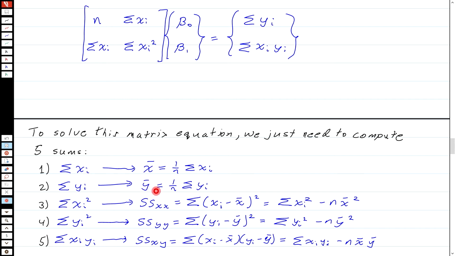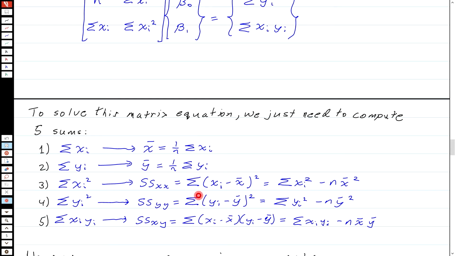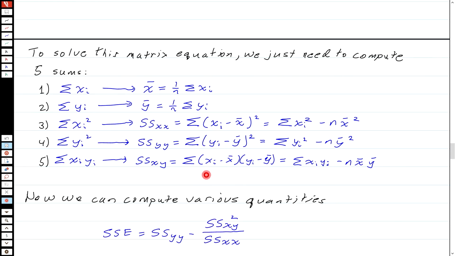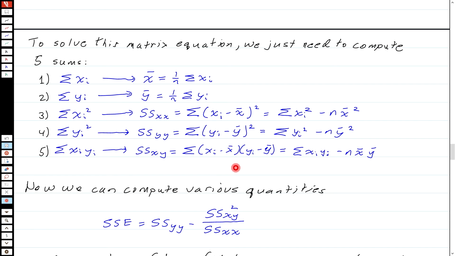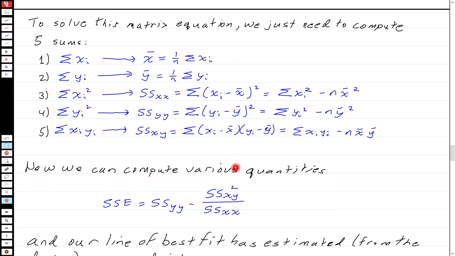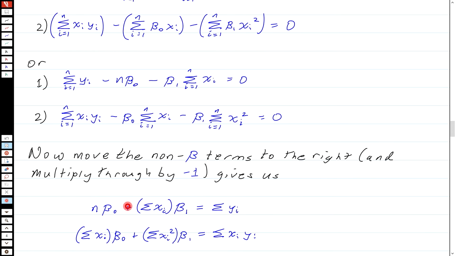After you've done that, all of these equations here are given to you in the summary pages, and you can use them to find these quantities. And from there we can get everything we need to perform a linear regression. We can compute the various quantities that we're after. SSE was the sum of squared errors, which we had up here somewhere.